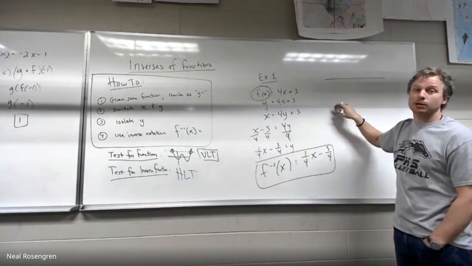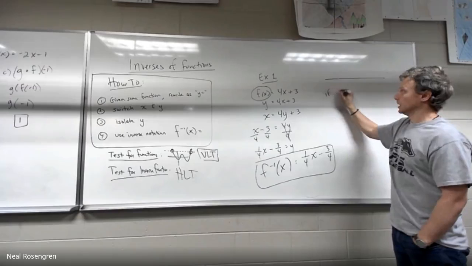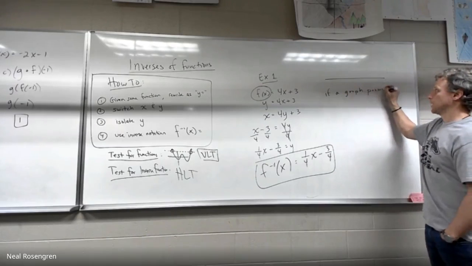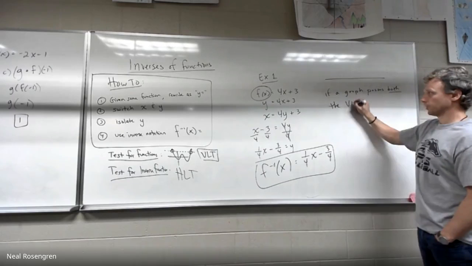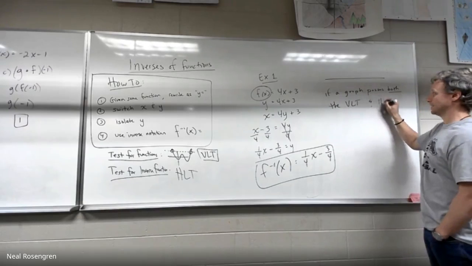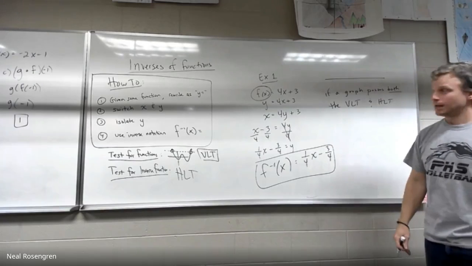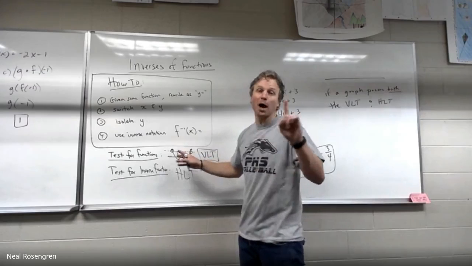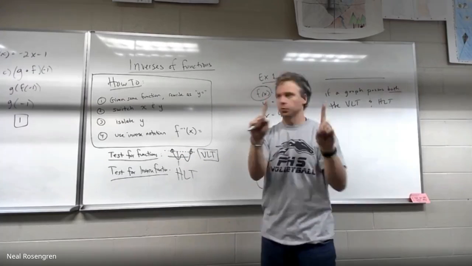If it passes both, it's pretty unique, okay? If a graph passes both the vertical line test and the horizontal line test, meaning for every x value, there's only a single y value. So for every one x, there's only one y that goes with it, right?